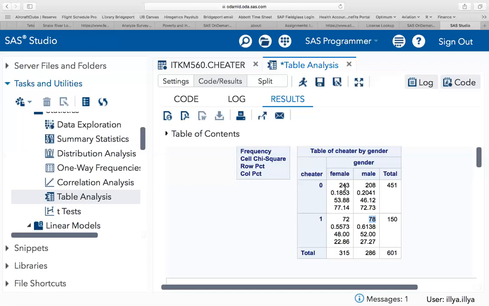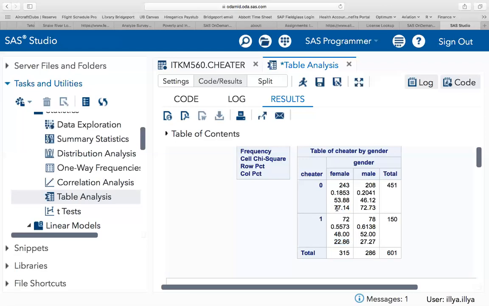The way this is set up, the column is what matters. And I'm going to explain why. Because the column is the column percent. Look at this, 77.14 plus 22.86 sums up to what? Lucky guess, come on. 100.